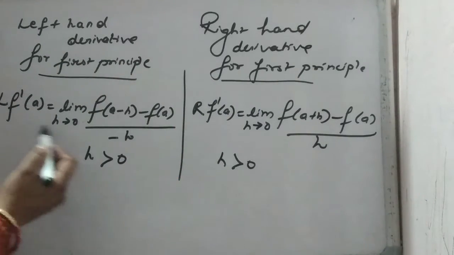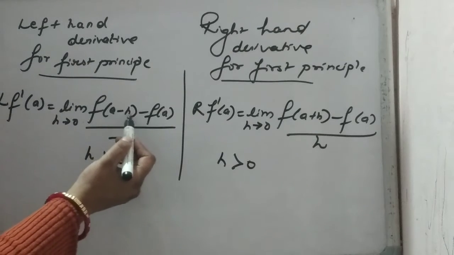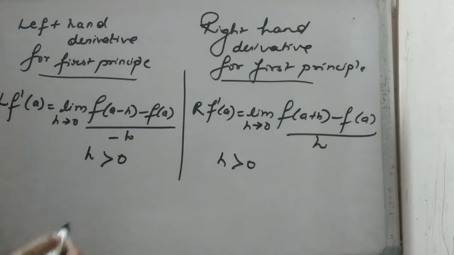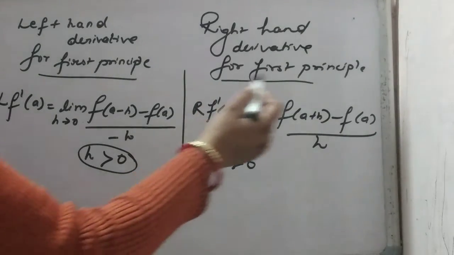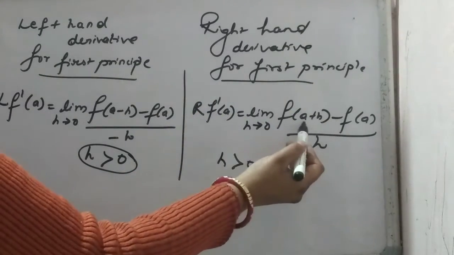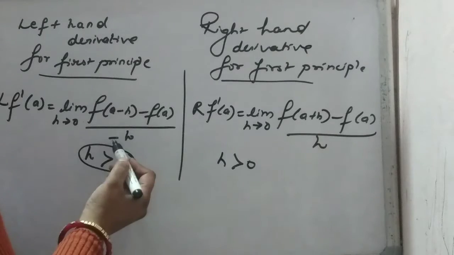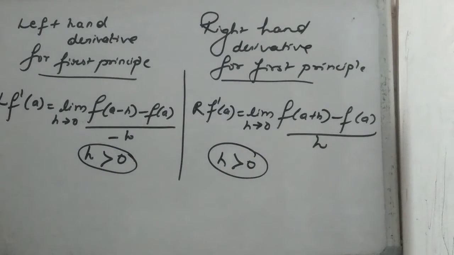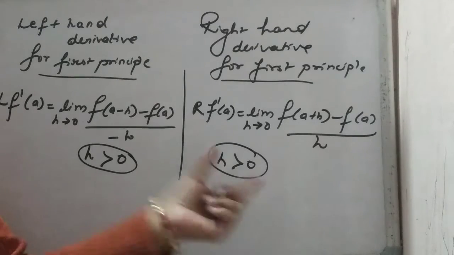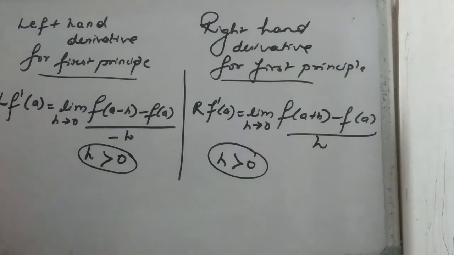So here the left hand limit: h tends to 0, f of a minus h minus f of a upon minus h, where h should be greater than 0. For the right hand limit, only the a plus h sign will be there, and in the denominator positive h will be there, and again h should be greater than 0.